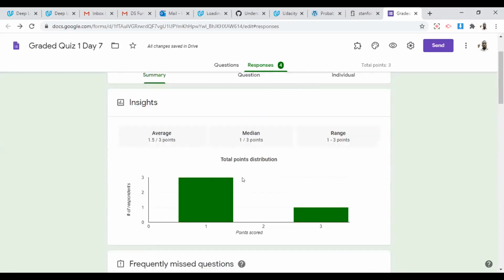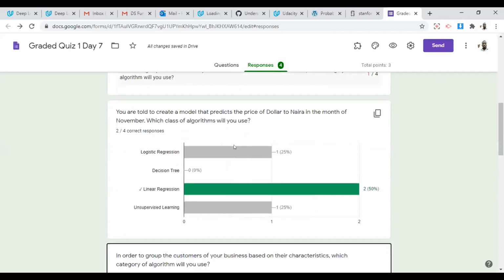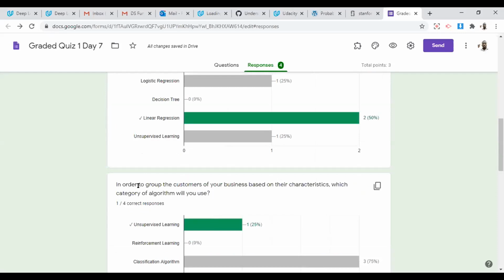So let me actually take it from the top. You are told to create a model that predicts the price of dollar to naira in the month of November. Which class of algorithm will you use? That's linear regression, because you are predicting a continuous value. The next question is, in order to group the customers of your business based on characteristics, which category of algorithm will you use? And that is unsupervised learning algorithm.